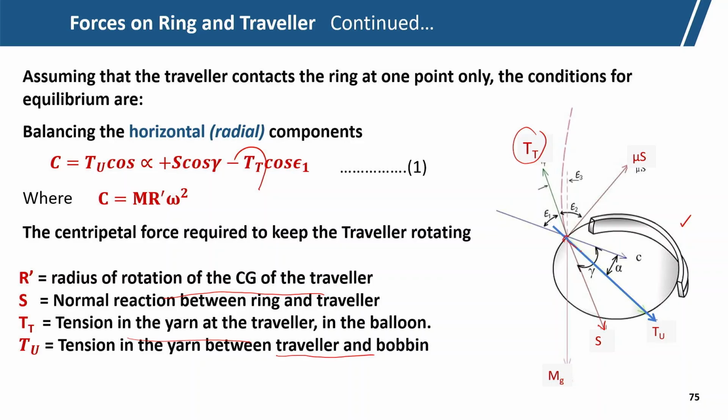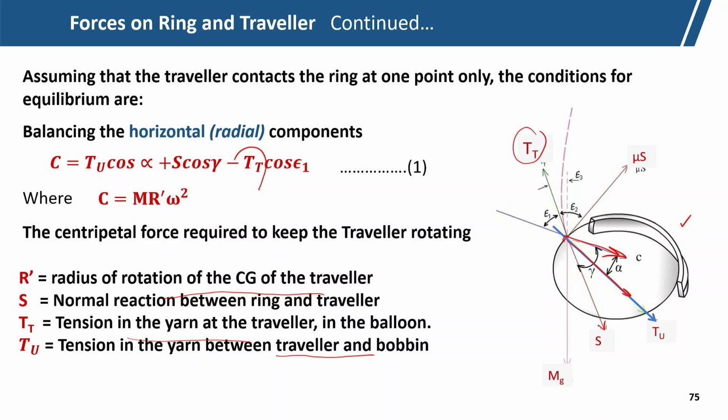So, that is the yarn tension. Here you can see C is the centripetal force, the Tu cos alpha, and S cos gamma. So, these are acting in this direction.